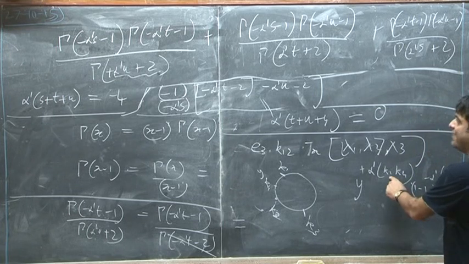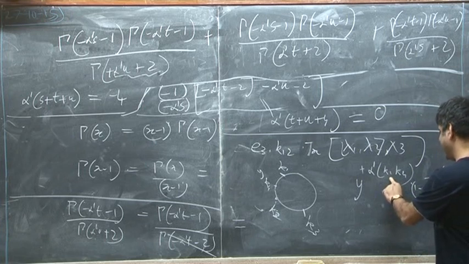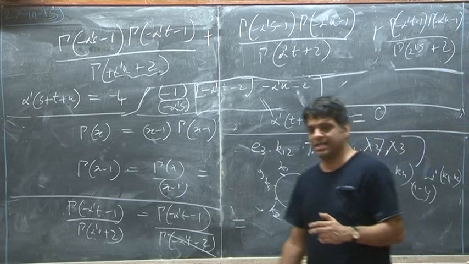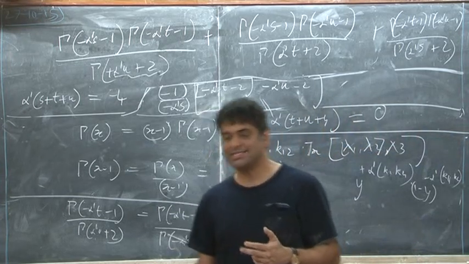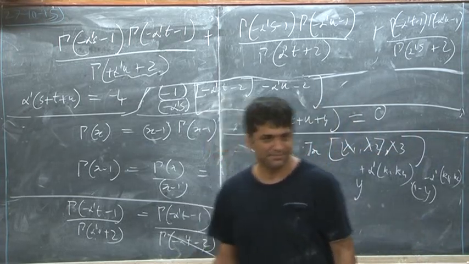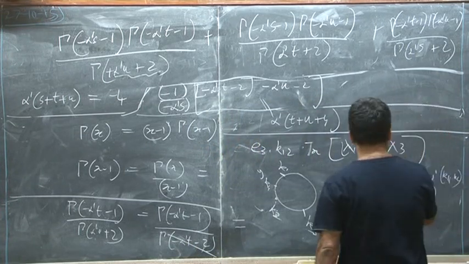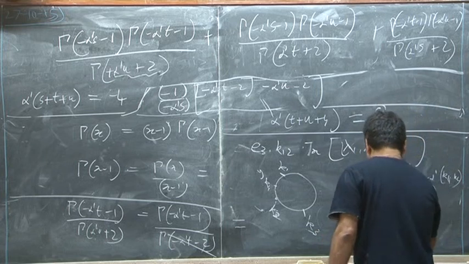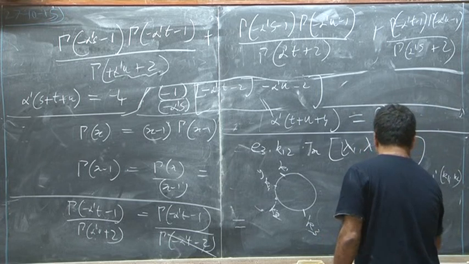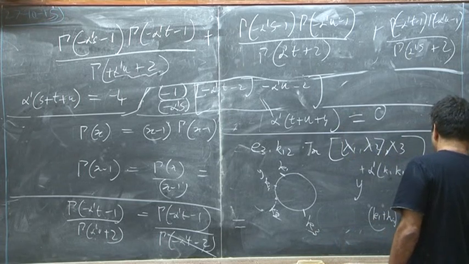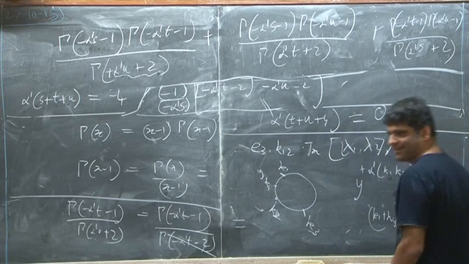And then K1 dot K4 was the same thing as U. We wrote this as (K1 plus K4) squared minus K1 squared minus K4 squared.